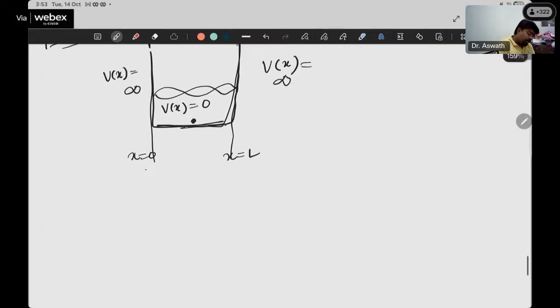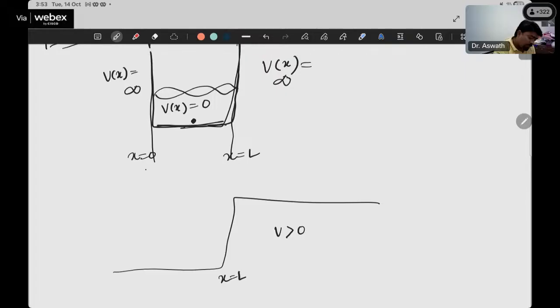Now, what I will do is I'll just take a step potential. Instead of taking an infinite potential, let me just take a step potential. It's something like V is higher than 0 at this position. Let's say x is equal to L, V is higher than 0. For x less than L, V is equal to 0.